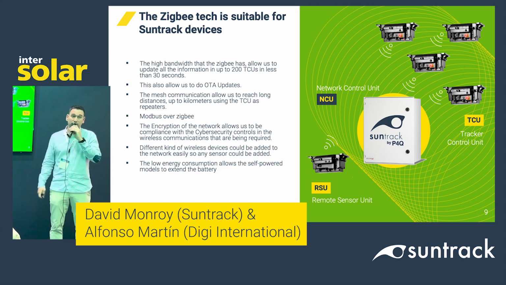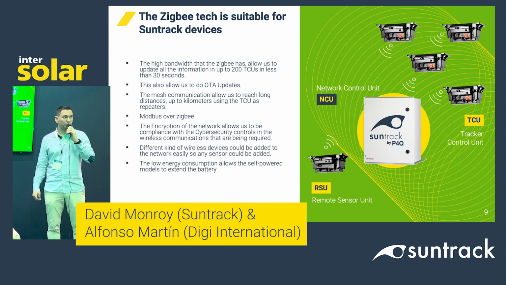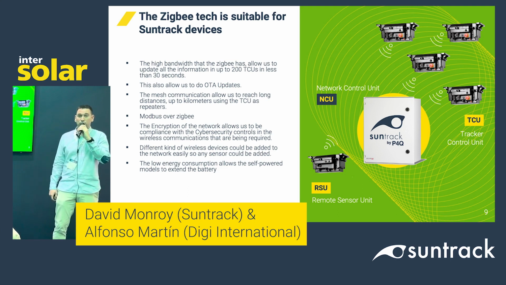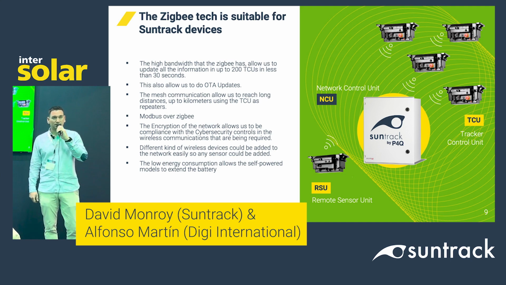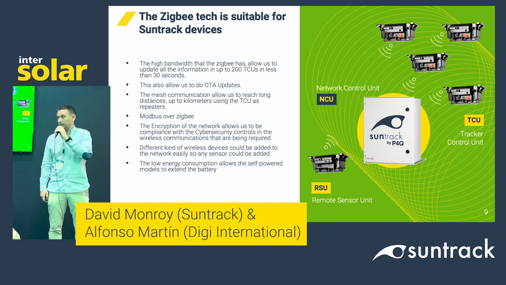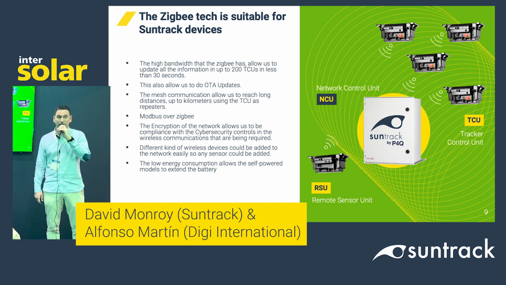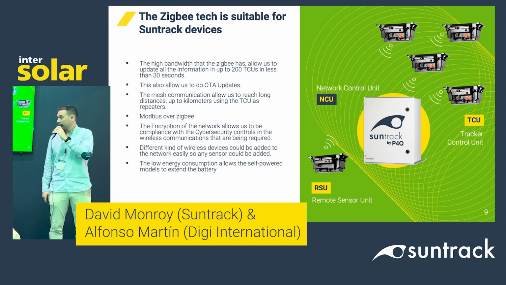As we have mentioned before, we are working on cybersecurity aspects. Zigbee allows us to encrypt the network, and this is a good point for us because it allows us to comply with many of the requirements of our customers.